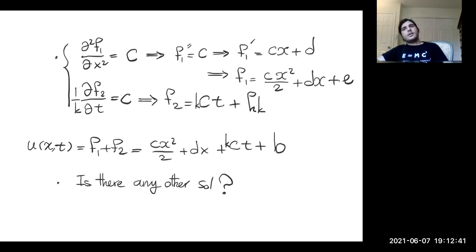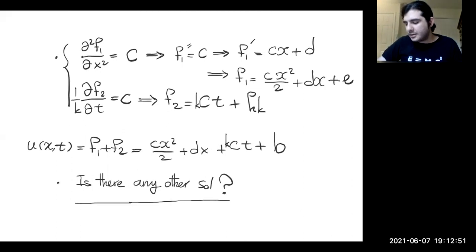Or did we find all solutions to this equation? So that's our question for now. Let's have a 10 minute break. We can come back and continue from here. You can also think to see if you can find any other solution to this equation.